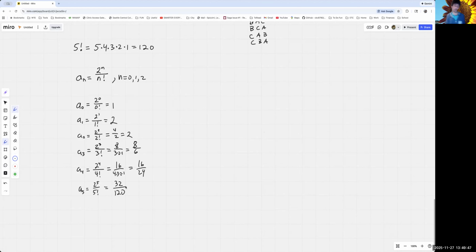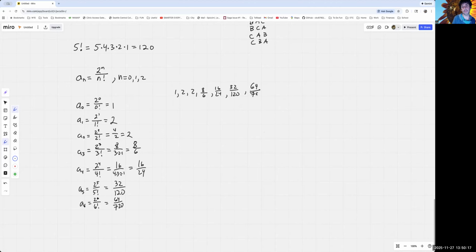So first of all, we get our sequence. It looks like 1, 2, 2, 8 over 6, 16 over 24. I know I could reduce these, but I want to make a point. Let's even do one more just to see. A6 is going to be 2 to the 6th over 6 factorial, so that's 64 over 720.